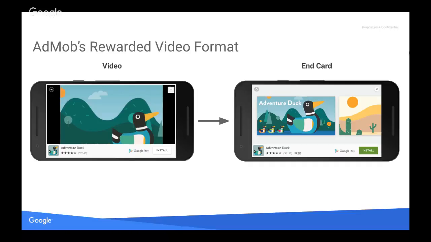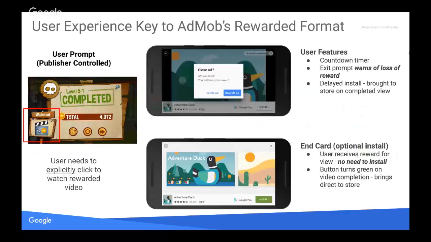So if someone accidentally clicked on watching the rewarded video, they still have the opportunity to leave the ad, compared to other networks where you are forced to watch the whole video. After completing the video, you then have the option to install the specific app or go to the end card of the advertiser.